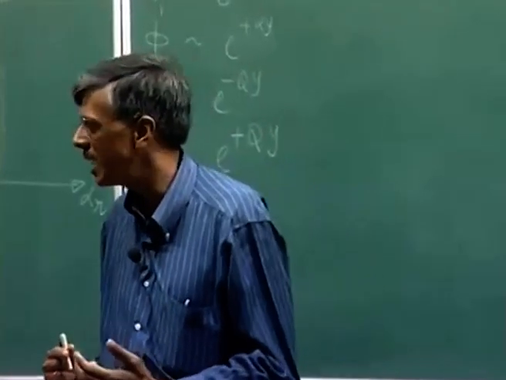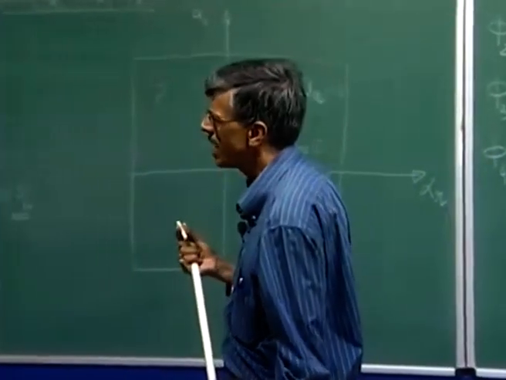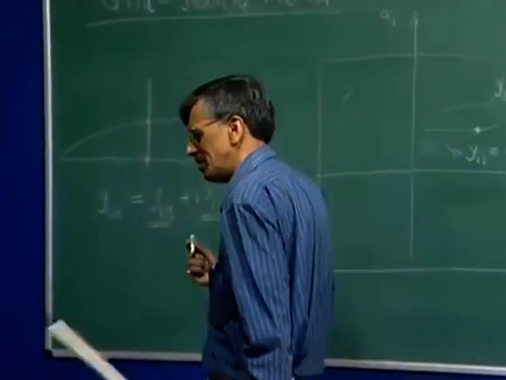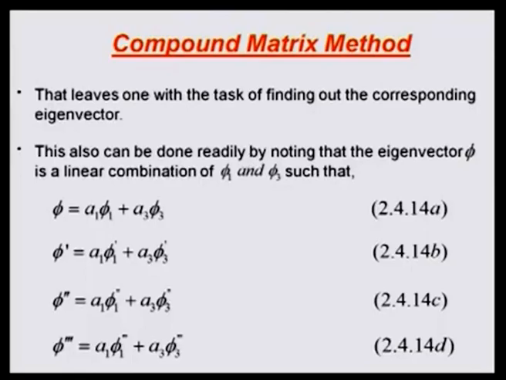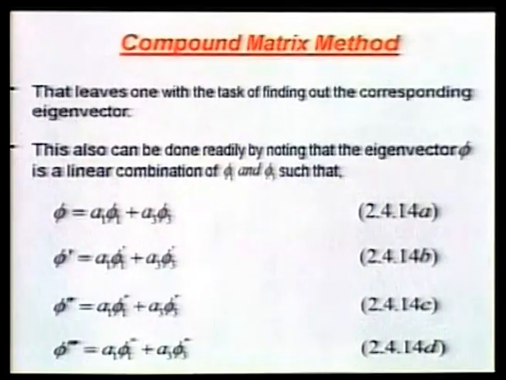How would this eigenfunction look like? Now, what is eigenfunction? Well, eigenfunction is nothing but that amplitude of the V disturbance component velocity, right, that we wrote in terms of a combination of phi 1 and phi 3.